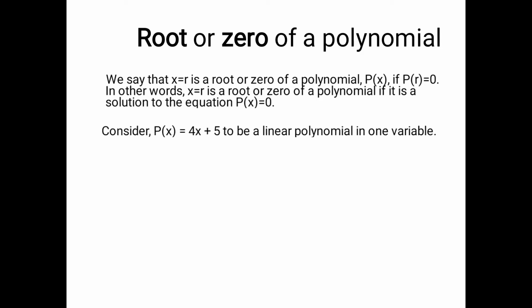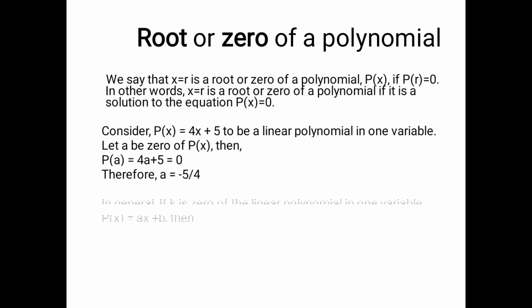If we have a polynomial like p of x equal to 4x plus 5, which is a linear polynomial, we have to find for what value p of x equals 0. Let p of a equal 4a plus 5 equal to 0, then here we get a equal to minus 5 by 4.